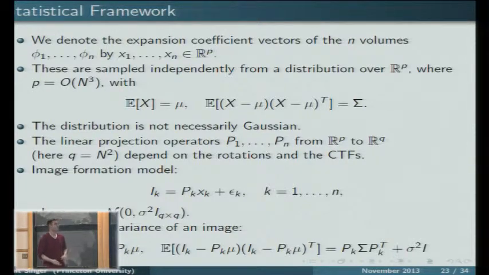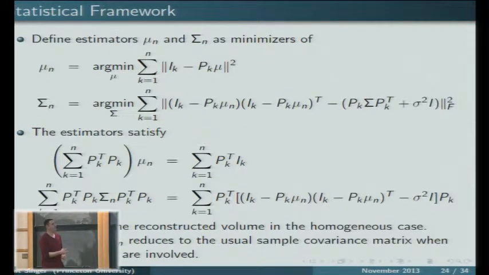Okay? So we want sigma and we want mu. The way that we'll estimate them, we'll try to make the difference between this guy and this guy as small as possible. We look at I_k and the expected I_k, P_k mu, and we try to make this difference as small as possible across all possible images.